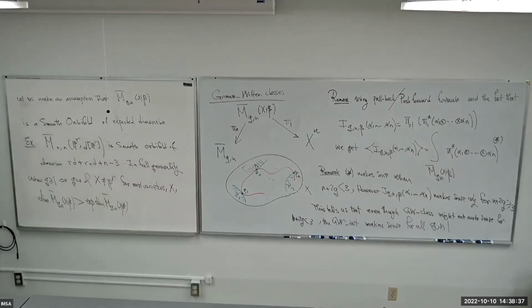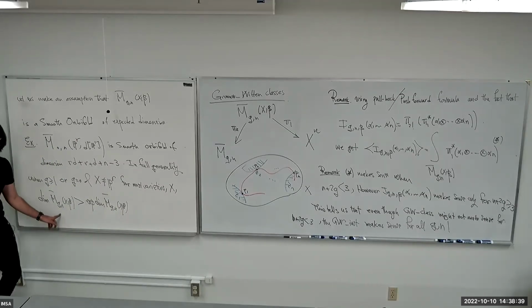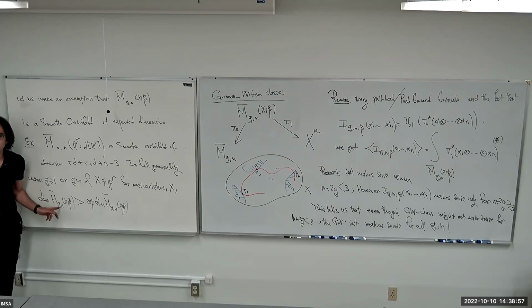Now you know why, because the dimension of this thing is the rank of the tangent bundle, right? Two-dimensional space, rank 2 bundle. Three-dimensional space, rank 3 bundle. But the expected dimension is the rank of tangent minus the obstruction, H0 minus H1. So it's always some number less than that.